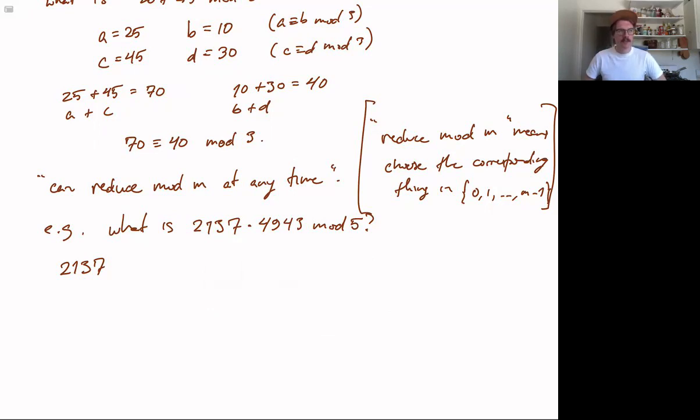A number is divisible by 5 if it ends in a 0 or a 5, right? So we can find the remainder by looking at what's the next smaller thing that ends in a 0 or a 5. So it's this thing, in this case, which tells us that this is congruent to 2, because the difference here is 2.